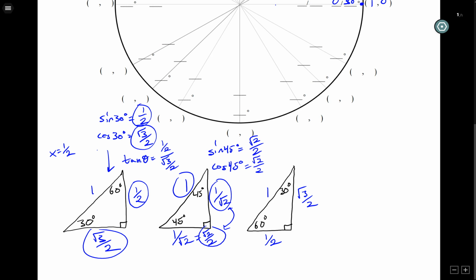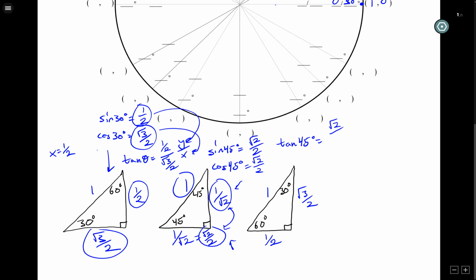Isn't that just y over x, right? So we said the cosine was x, we said the sine was y. Let's see if that works here as well. Here for the 45-degree angle, this is getting a little cluttered. Am I still making sense? I don't know. The tangent of 45 is opposite over adjacent.